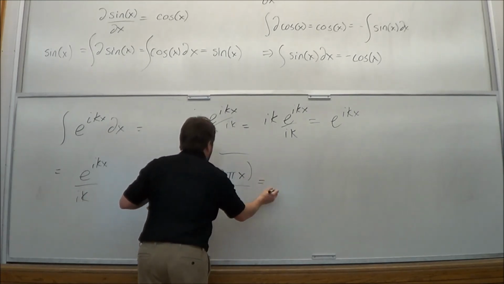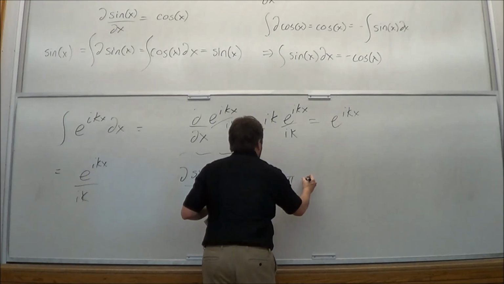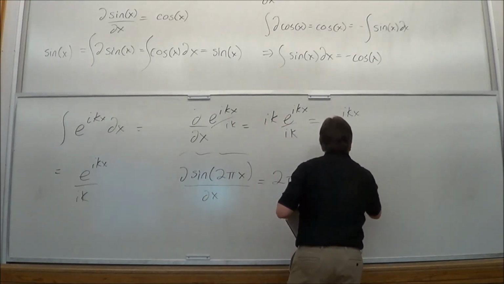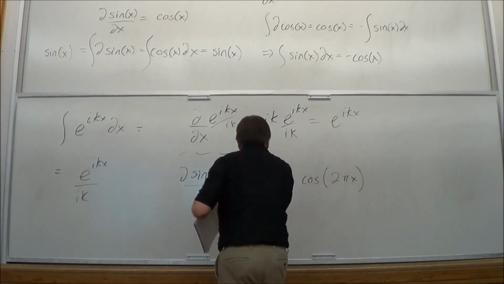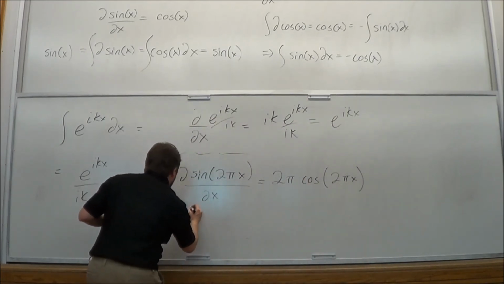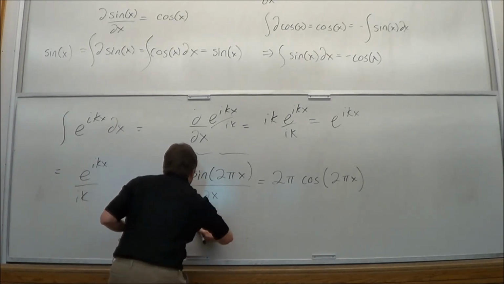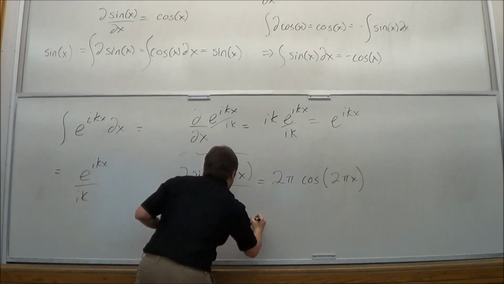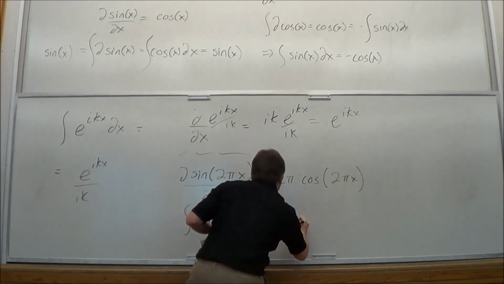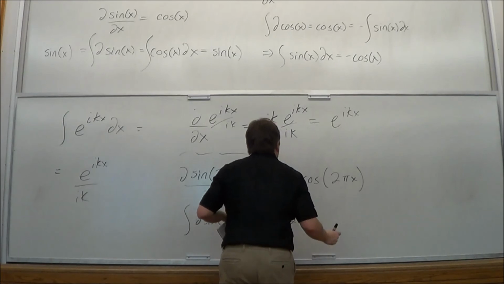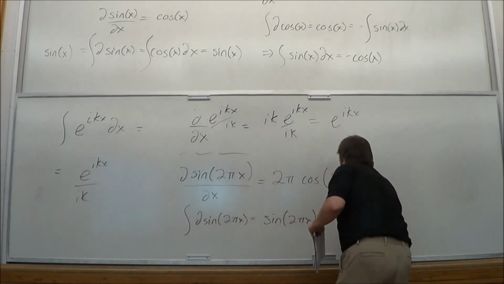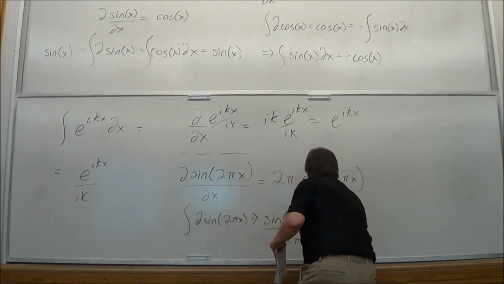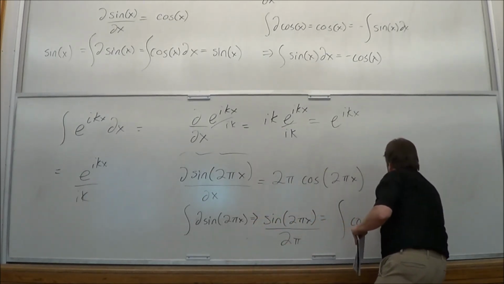Let's do this. Okay, now I've already gone over many times that the answer is 2 pi, the chain rule. Okay, so then the integral of the change in sine of 2 pi x is of course sine of 2 pi x, which is equal to the integral of, here I'm just going to go ahead and divide by 2 pi, cosine 2 pi x.